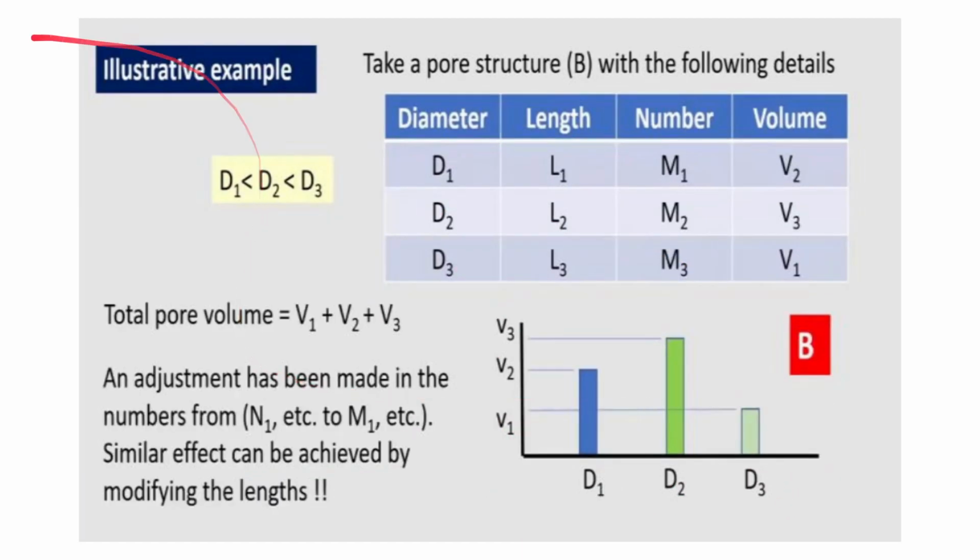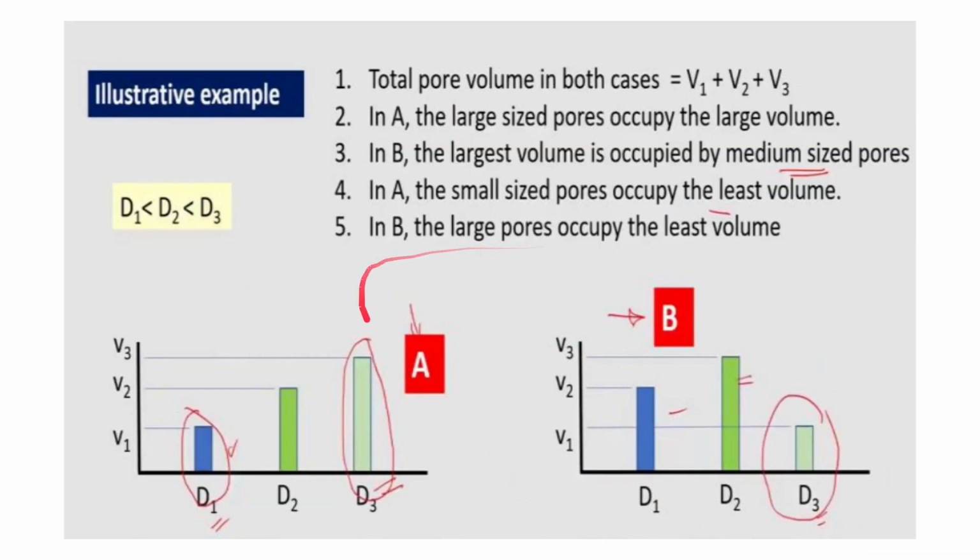Similarly, let us take one more pore structure B, which is a little different, as you can see here. If we compare both, we will find that the total pore volume in both cases is V1 plus V2 plus V3. However, in pore structure A, the largest size pores, D3, have the largest volume, which is not true in B, because in B the largest volume is occupied by the medium size, D2, not D3.